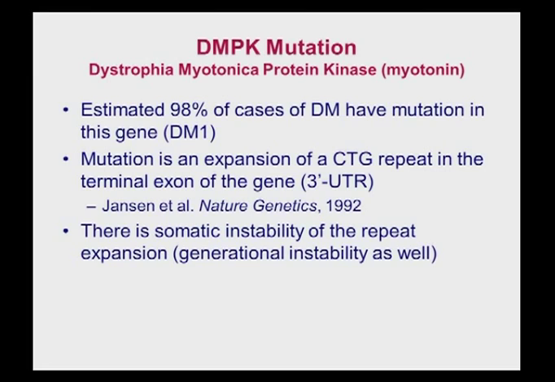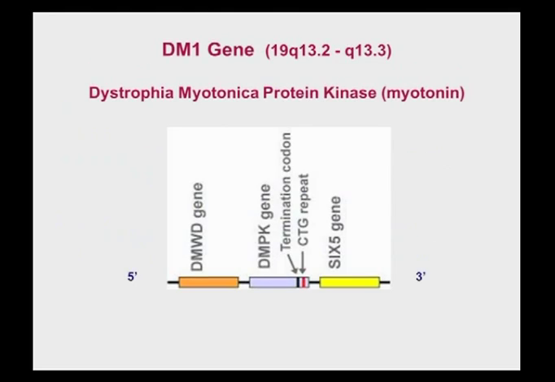This is in the 3' untranslated region, so this does not make protein, or at least we didn't assume that it made protein, initially. There is some somatic instability of the repeat, so the repeat size can be quite variable throughout the body. And of course, there is some generational instability, which probably accounts for some of the anticipation that is seen.